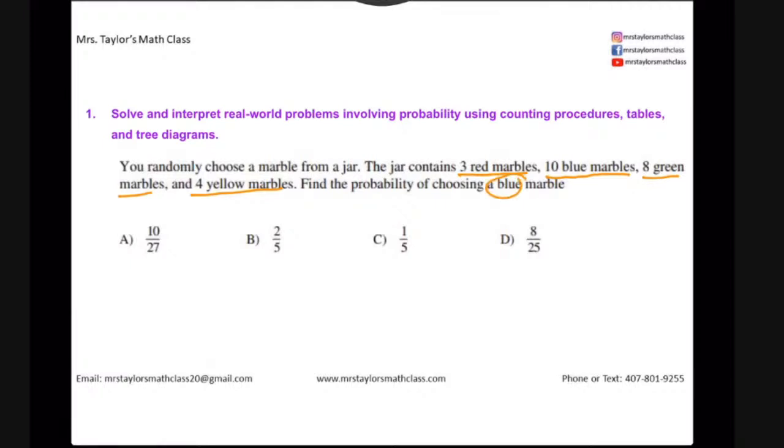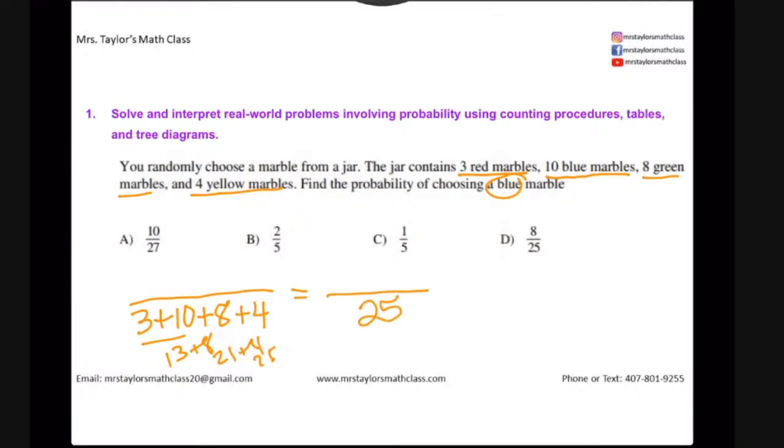So first off, how many marbles are in the bag? So we got 3 plus 10 plus 8 plus 4. 13 plus 8 is 21, plus 4 is 25. Okay, so we got 25 marbles total in the bag.